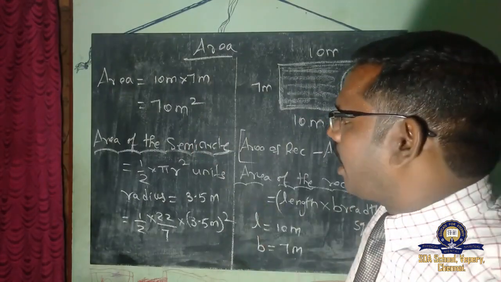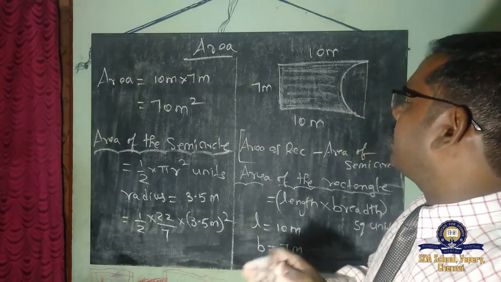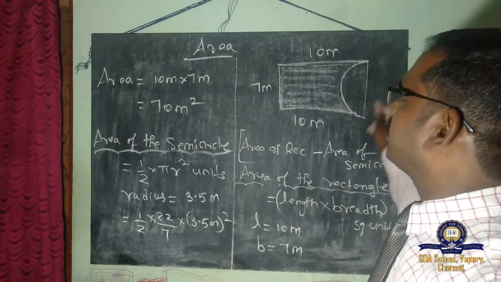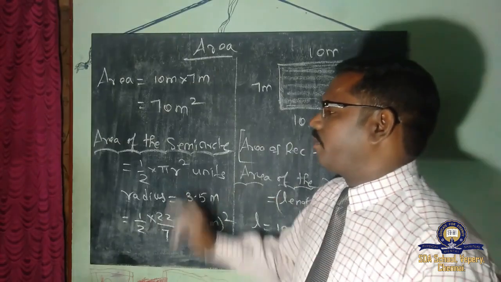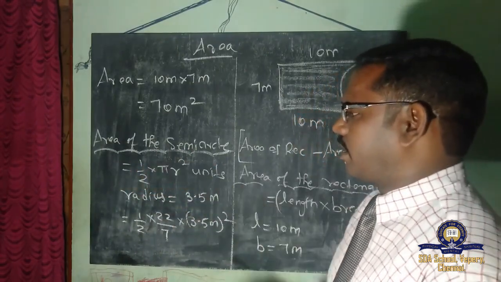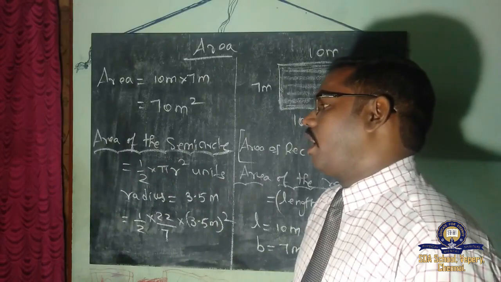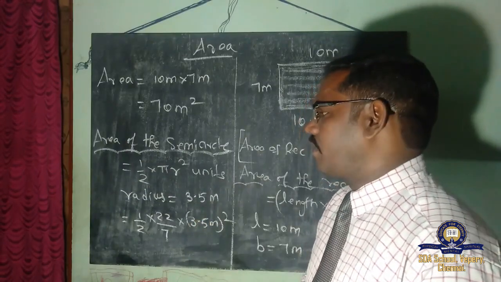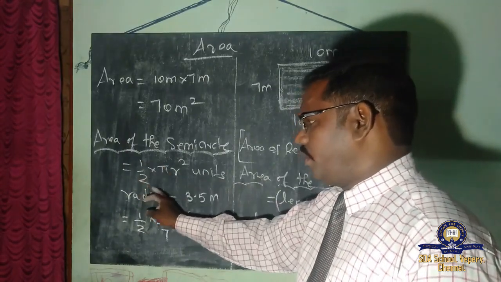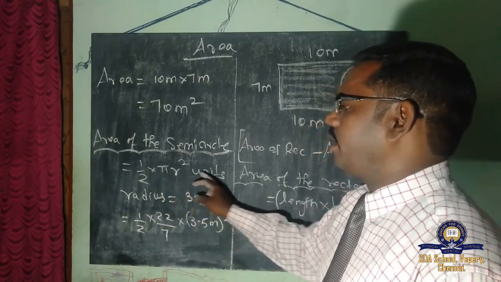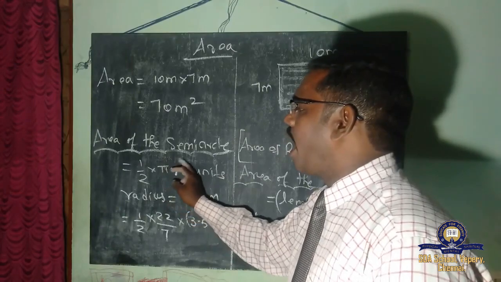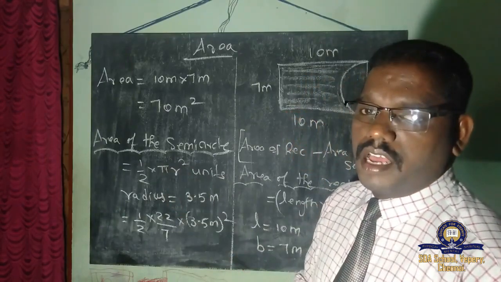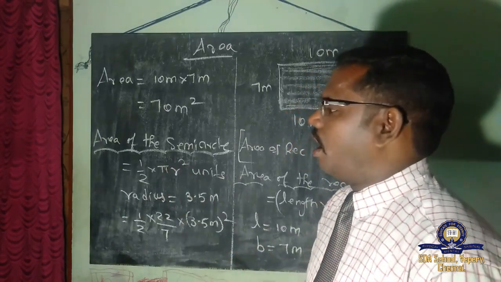The next thing I need to find out is the area of the semicircle, then only I can subtract it, isn't it? Area of the semicircle, we know the formula. 1 by 2 into pi r square unit. Here we need the radius r, but we already found that.